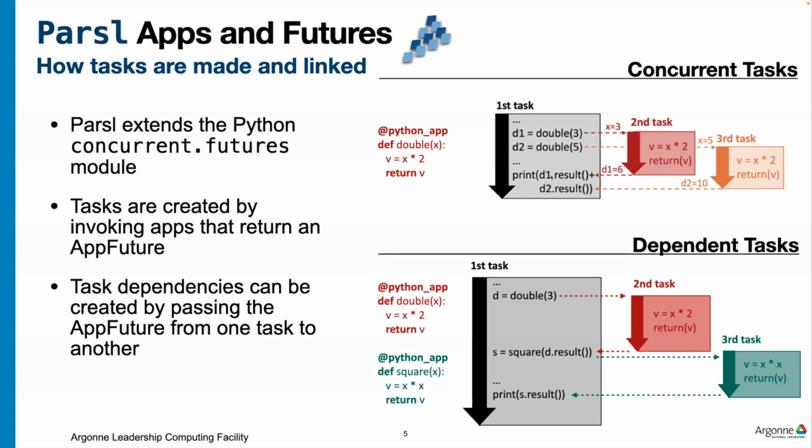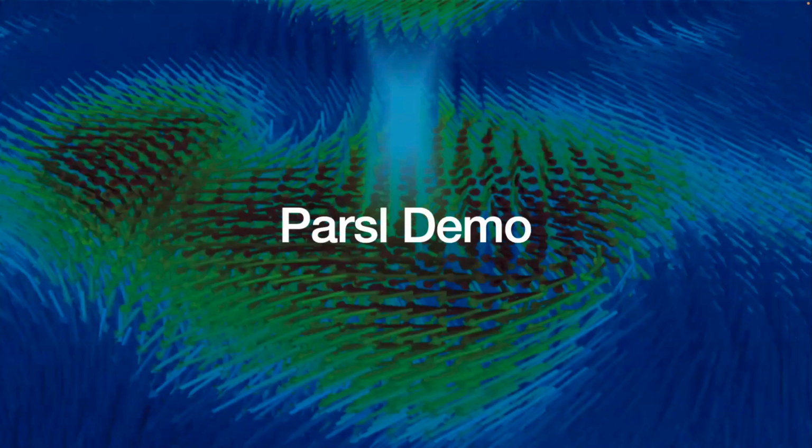You want to make sure you do that in such a way that you get the execution pattern you desire. In this case, on the top, you're executing these concurrently. On the bottom, you're executing them sequentially in a dependent way, such that you won't execute this future until you get the result from the future D first. So I just wanted to lay that out. In working with users, this is sometimes a sticking point in understanding how to run Parsl.